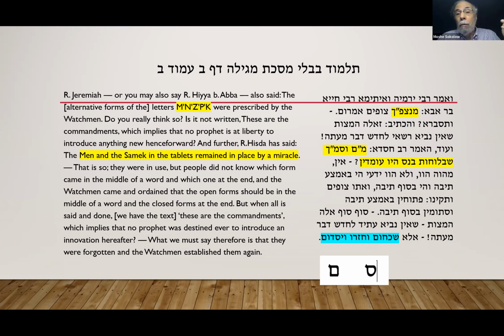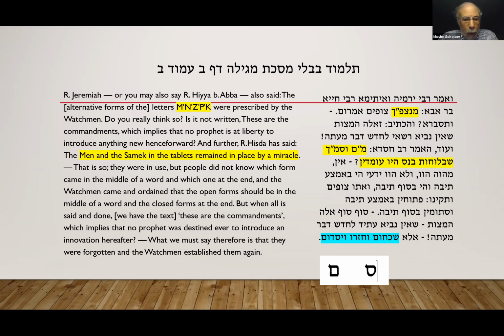Now, that's possible if the letter itself is not completely enclosed. But if a letter that's completely enclosed were to be carved through and through, the fact that the letter was closed meant that the letter should have fallen out. As you see on the bottom of the screen, there is the letter samach in the current Hebrew alphabet, what the Talmud, the previous passage, called Ktav Ashuri, the Assyrian script.